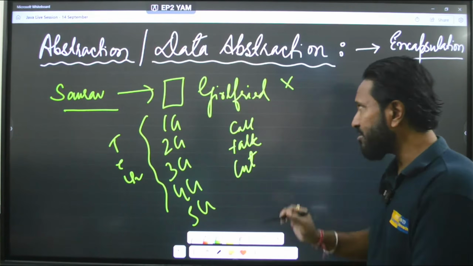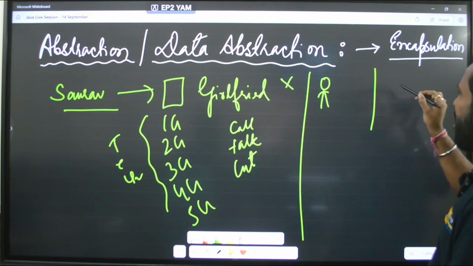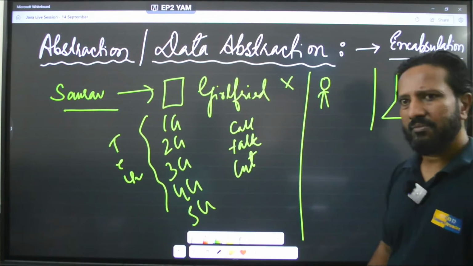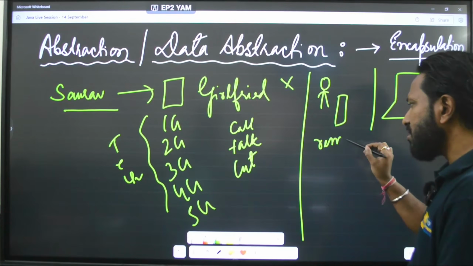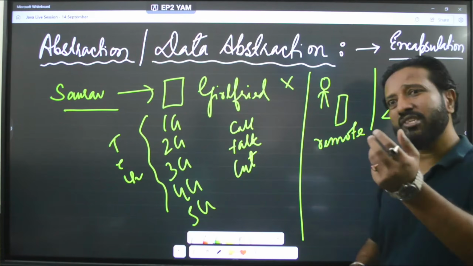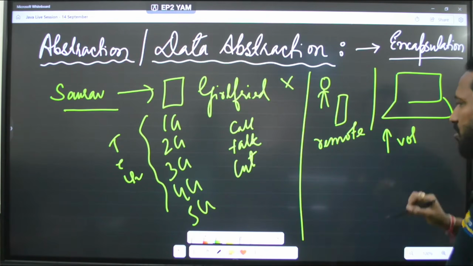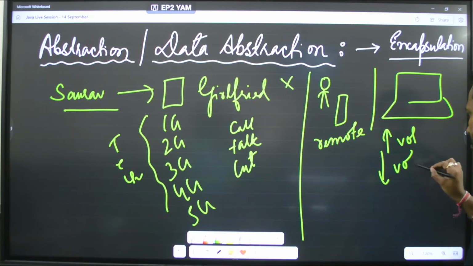Similarly, let me give you one more example. Say you are the person who is watching television and you have a remote in your hand. Say this is your remote, and say the music is too low, you want to up the volume, or the music is too high, you want to reduce the volume.